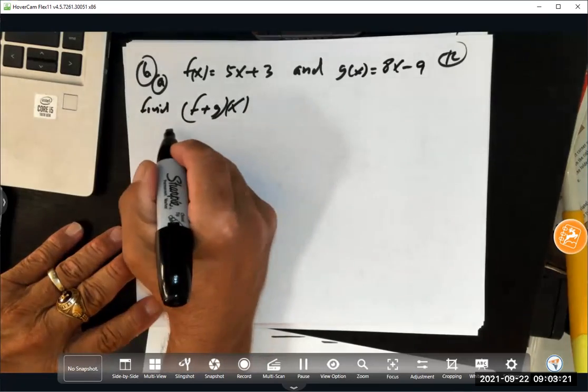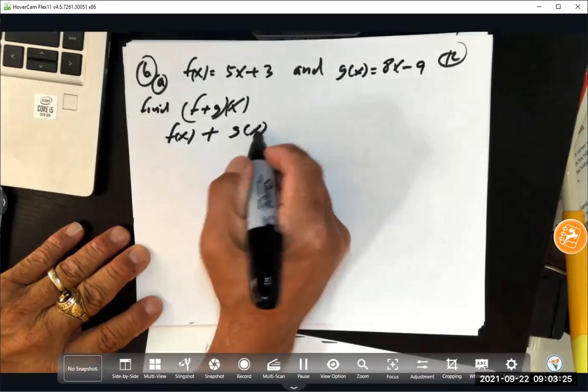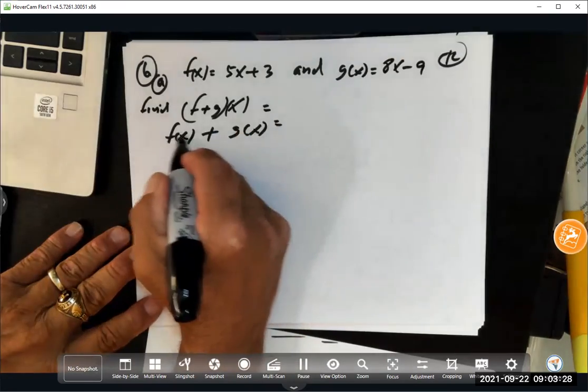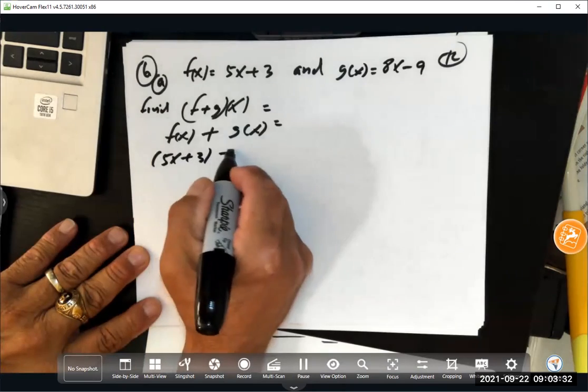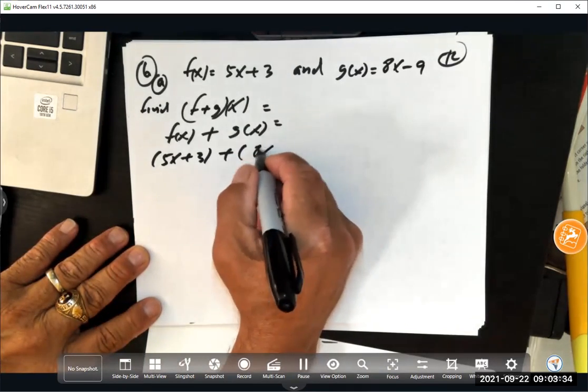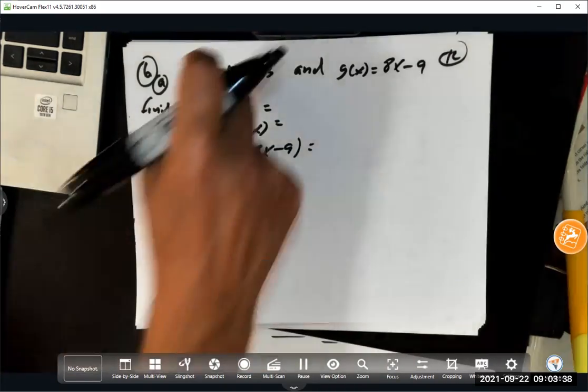What does that mean? That means the first function added to the second function like this. Add f of x plus g of x. f of x is 5x plus 3 added to 8x minus 9, like that. So I'm going to add the first one to the second one.